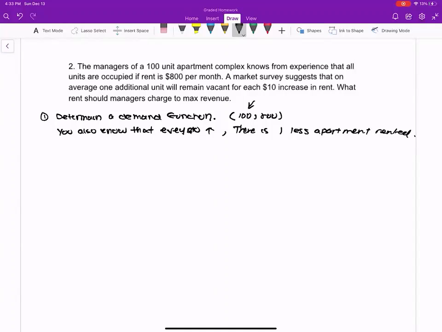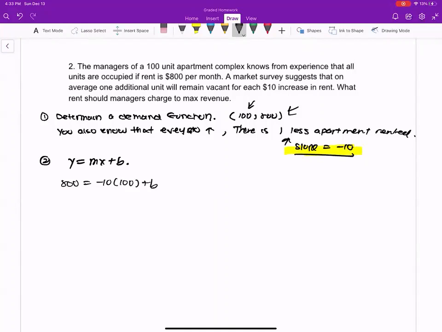So if we look at the one equation that you all should know, y equals mx plus b, this implies that the slope equals -10. You know that you have one point, (100, 800), so sub that in, and you also know that the slope is -10.